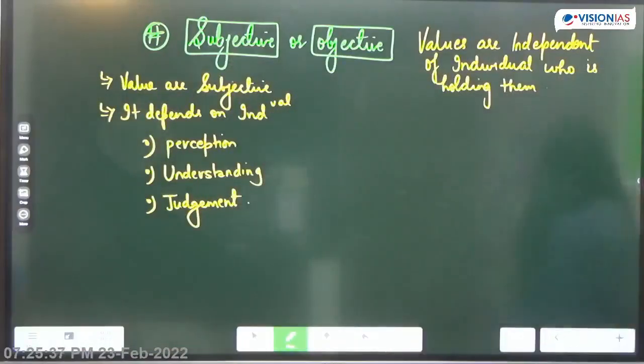इतना लिखो, I'll explain. Values are subjective or objective. There is one school of thought which says values are objective. They are independent of individuals' existence. For example, Plato.